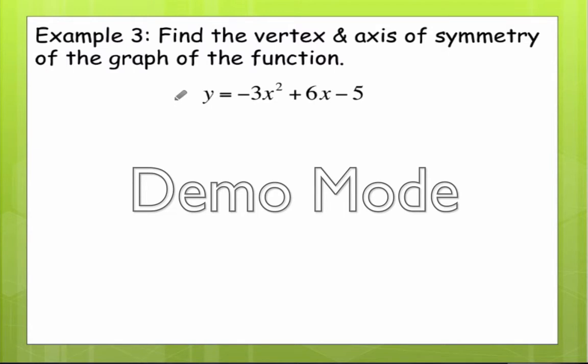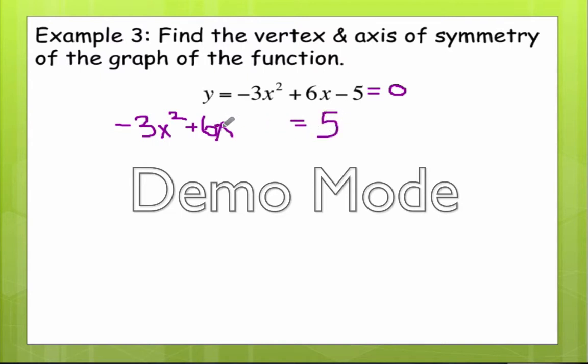Okay, now we are going to do another example where we're going to complete the square. But this time we have a coefficient in front of x squared, and that's where it can get a little tricky. So first things first is set equal to 0 and move the constant to the other side. So -3x squared plus 6x, leave a space, equals +5.